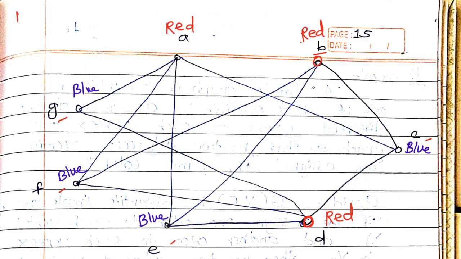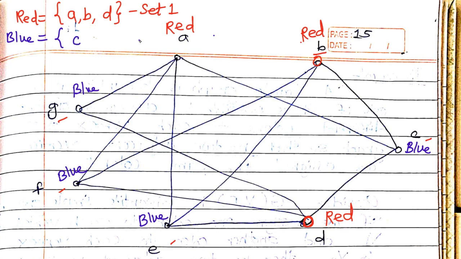In red color, that is set 1, the red colored vertices are A, B and D. In set 2, the blue colored vertices are C, E, F and G. So this graph has two sets, and this graph is a bipartite graph.